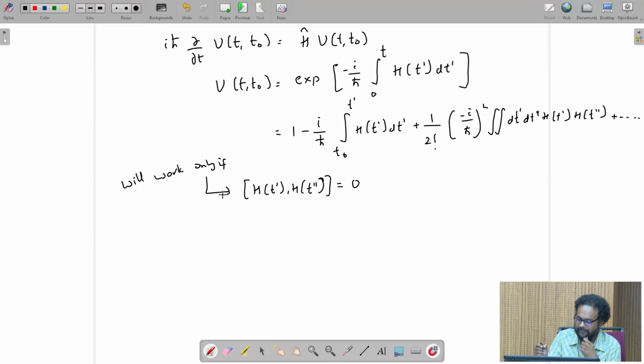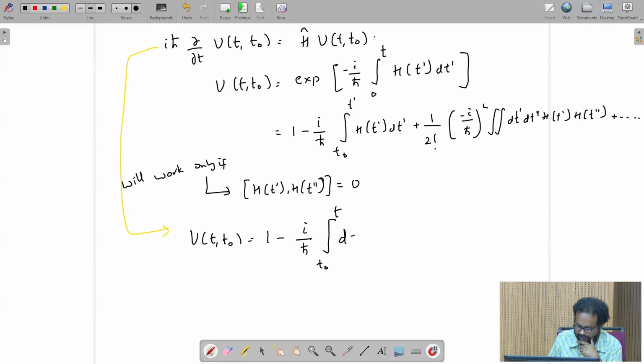So if I go back to my equation, and if I want to directly integrate this again, then you will see my U(t, t naught) will be 1 minus i over h cross integral t naught to t d tau H of tau U of tau, t naught. You can verify this as well.